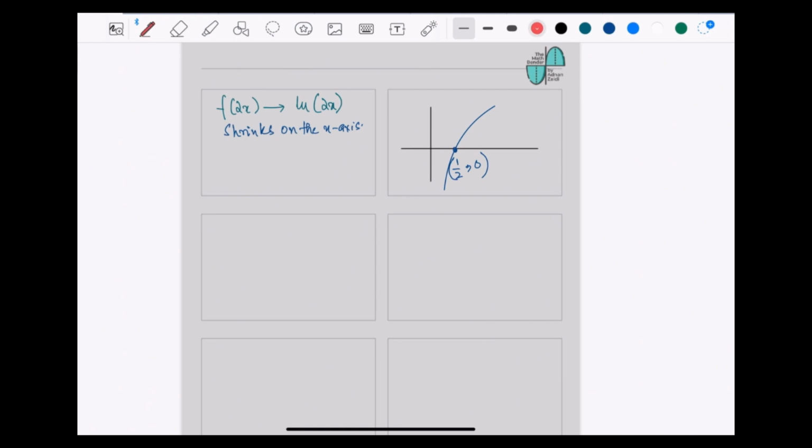The asymptote line does not have any impact over it. It will be the same as x equals 0.